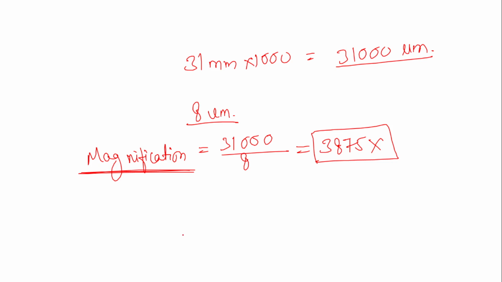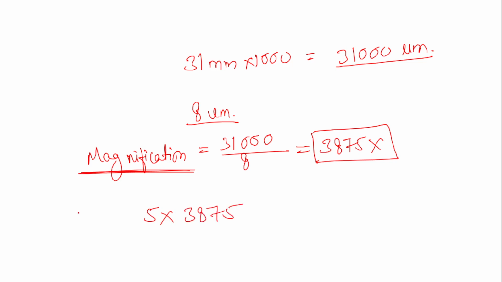So we already have the magnification and here the actual size that it is asking for is 5 micrometer. So what we will do is 5 into this magnification, that is 3875.